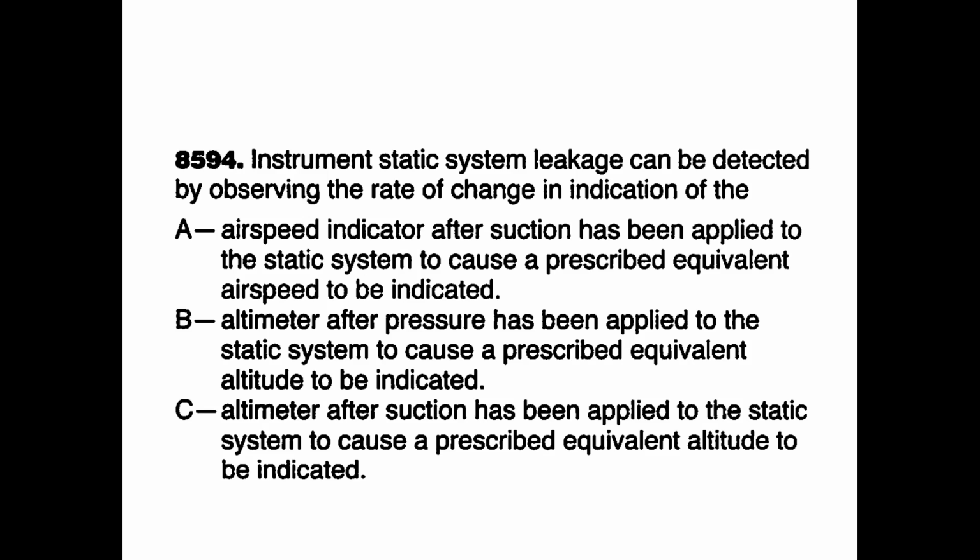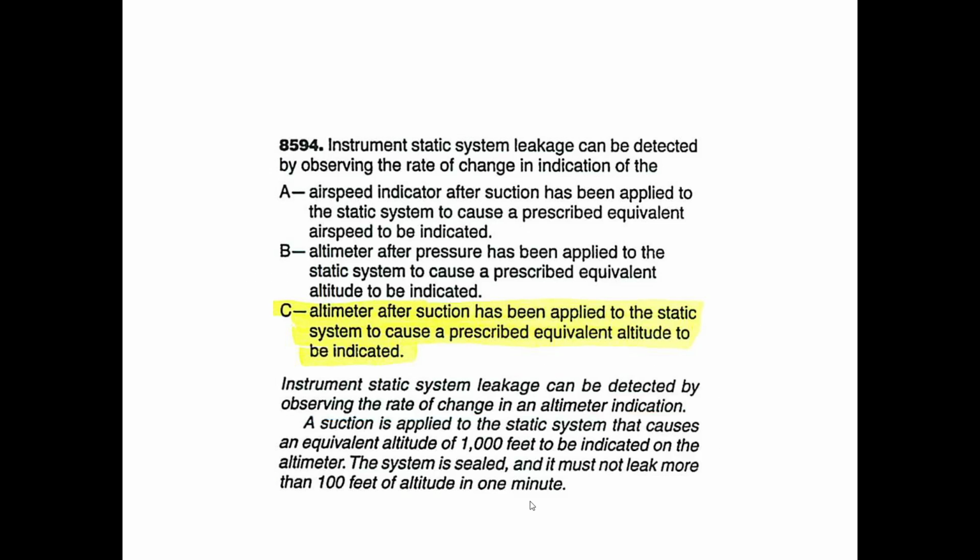So what are the two altimeter choices? Altimeter after pressure has been applied to the static system, or C, altimeter after suction has been applied to the static system. All right, so basically it's a difference between the pressure and the suction, and we were talking about a vacuum or pumping the air out, so that would be C, altimeter after suction has been applied.